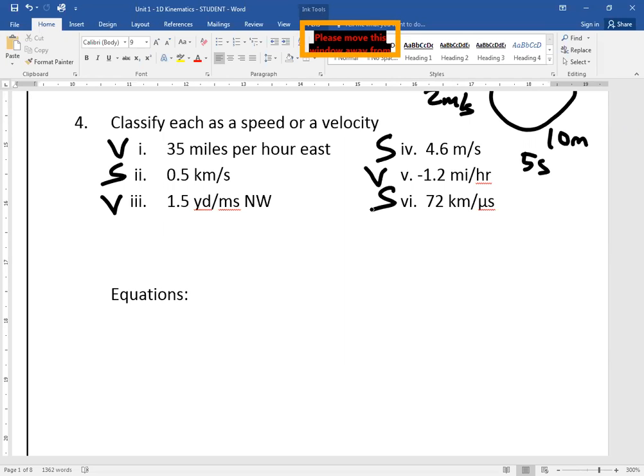Now, if some other person comes up to you in the park and says, is negative 20 meters per second smaller than negative 10 meters per second? My answer to that is that question does not make sense. That question is irrelevant. 20 meters per second is faster than 10 meters per second, right?